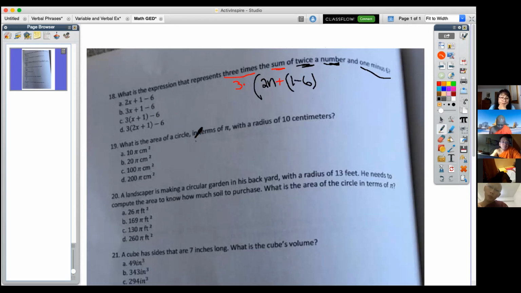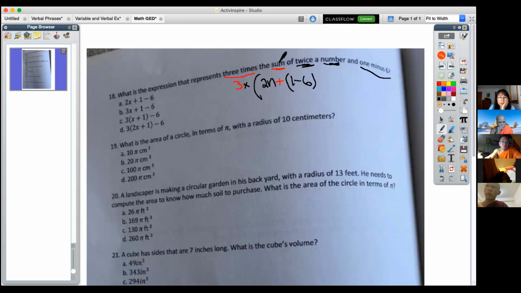Oh, easy. Which one is that? Which one of these? Oh, did I do it wrong? Represent 3 times. This is 3 times. The sum of a number.